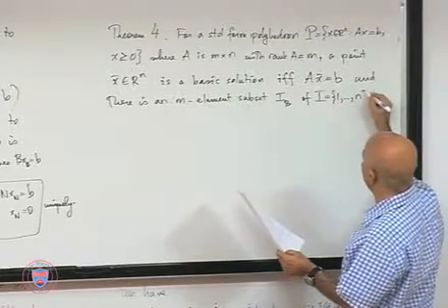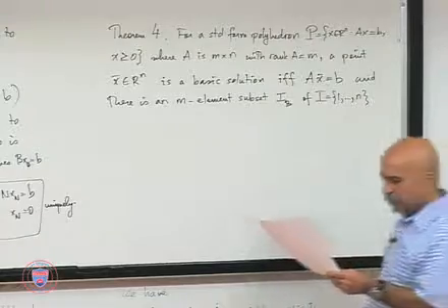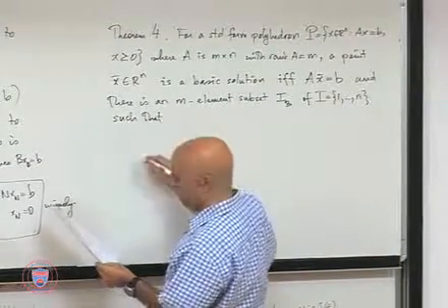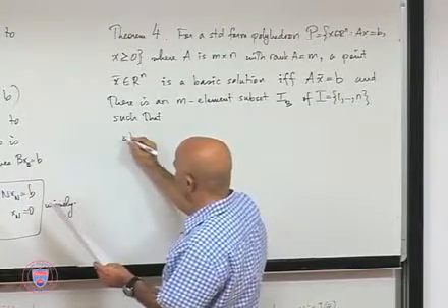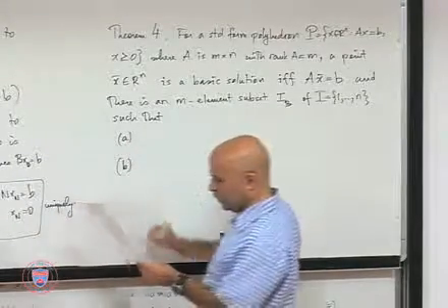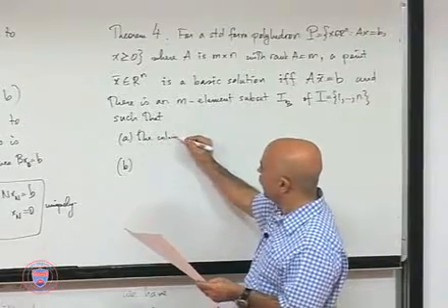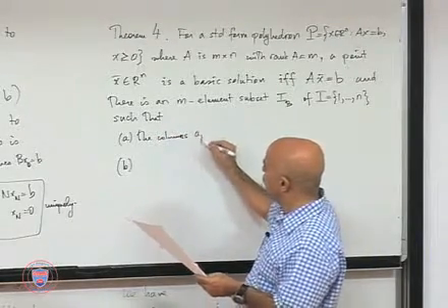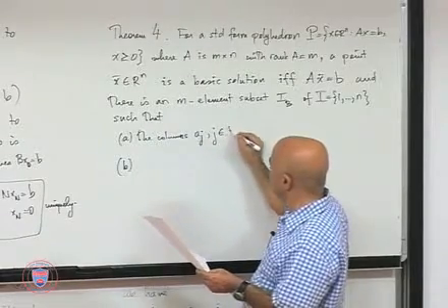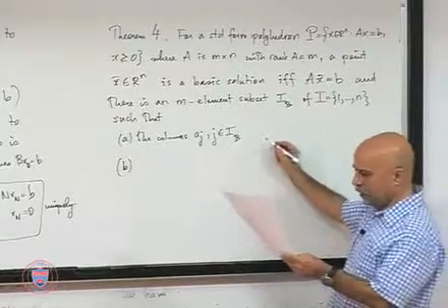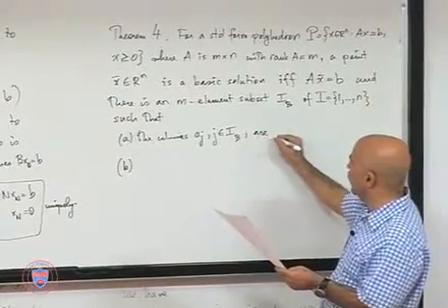consisting of all column indices such that two conditions are fulfilled. A, the columns AJ for J in I sub B, these are the columns that go into the B matrix, are linearly independent.